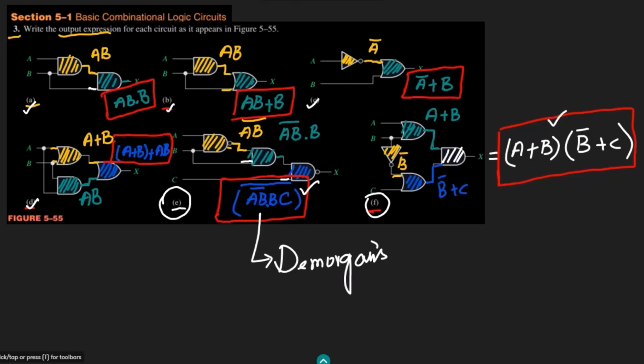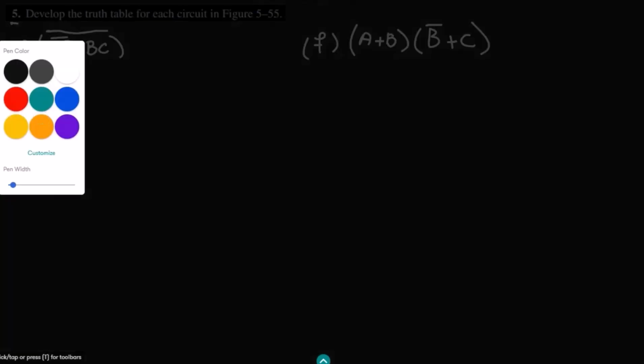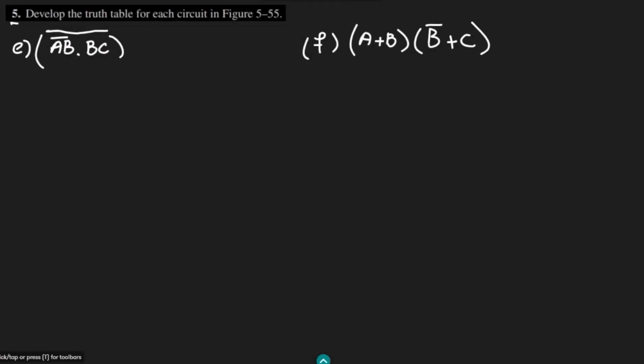The question we are given here is this one, and here we can see that we have 3 variables, and the inputs are A, B and C. Let me write them here: A, B, C. These are the combinations of the input.